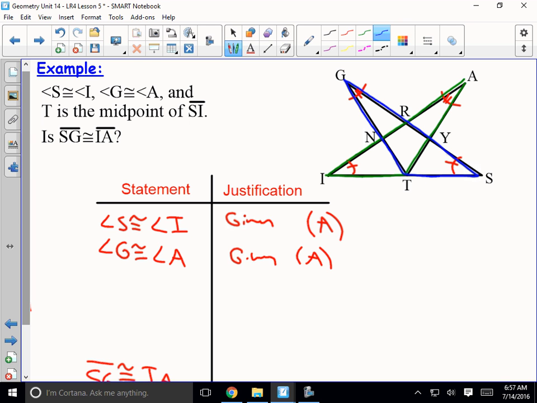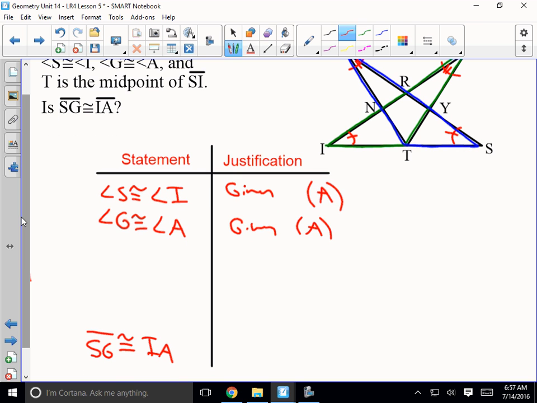We're also told, and this is another piece of given information, that T is the midpoint of SI. That doesn't give us anything initially, but if we're told that T is a midpoint, now we know that IT is congruent to ST. And what's the reason?